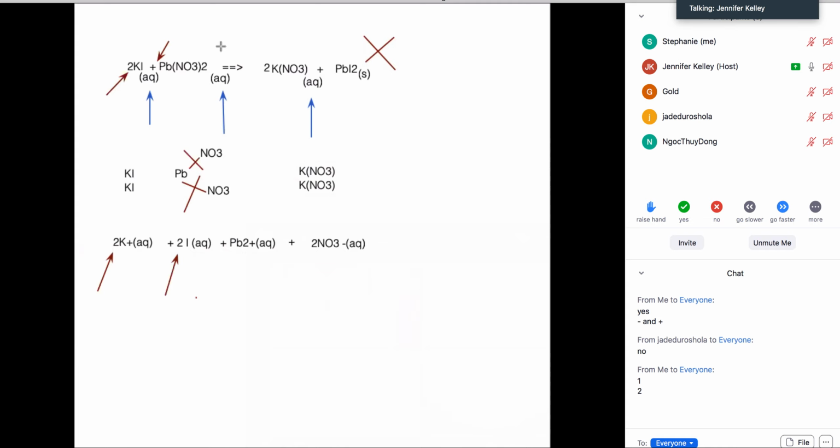So as far as ionic compounds, I have to break it into the different ions. And it says NO3 2. That tells me that I'm going to have 2 of the nitrates. They're not connected to anything, so I'm going to put it as a coefficient. Because when you have a coefficient, it's telling how many of them you have, but when you have a subscript, it's telling you how many of them are bonded to something.